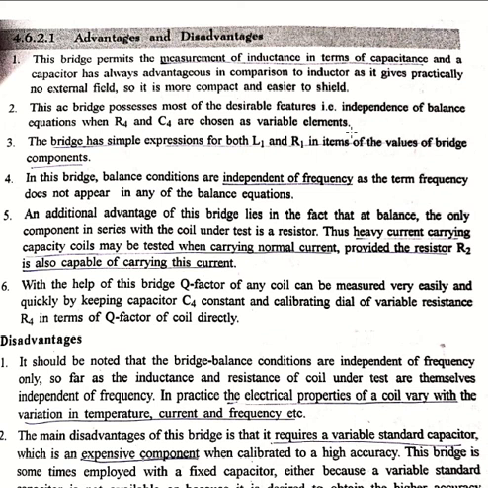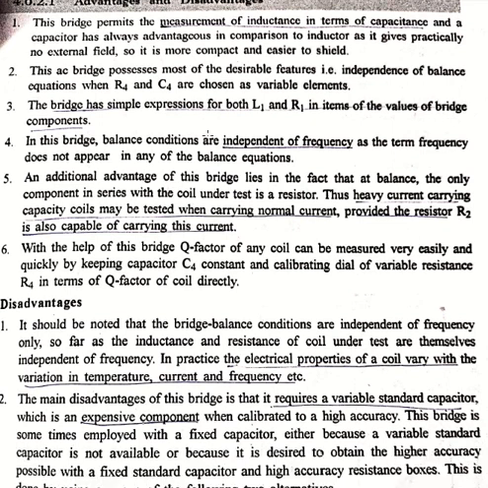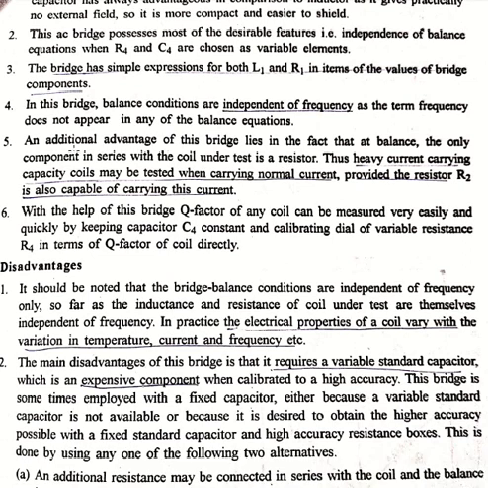In this bridge, we get simple expressions for both L1 and R1 in terms of the values of bridge components. This bridge gives independence of frequency, as the term frequency does not appear in the balance equation.